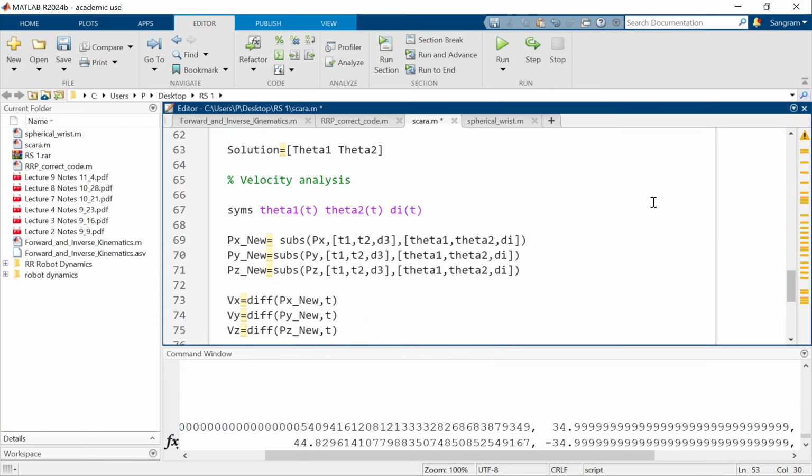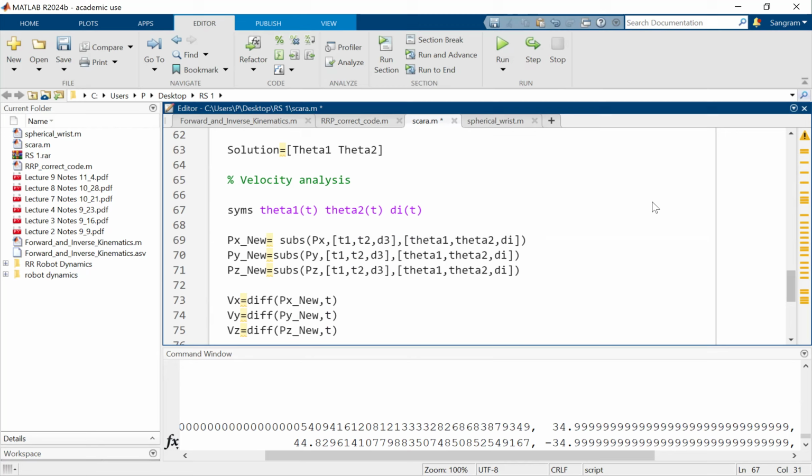The story does not end here. This is where I'm finding the Jacobian. Vx is the velocity in the x direction, Vy is the velocity in the y direction, and Vz is the velocity in the z direction.